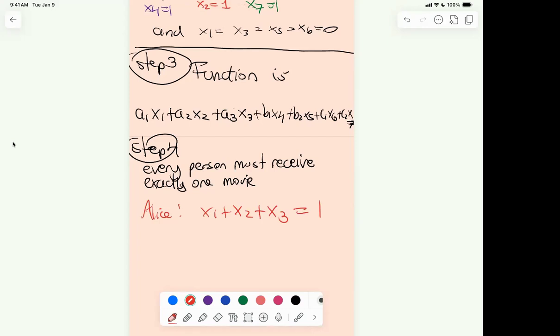Why is this enough? Because you're adding three numbers that are ones or zeros. How can three numbers that are all either zero or one add up to one? Exactly one of them is one and the other two are zero. Is that making sense?